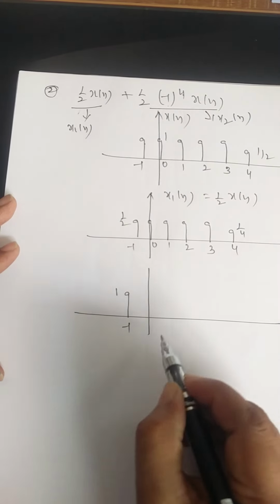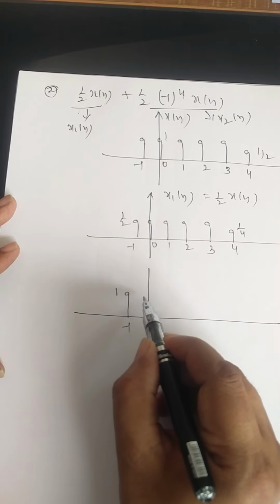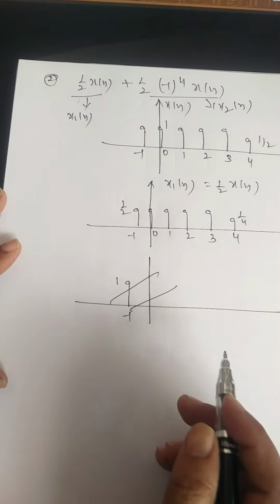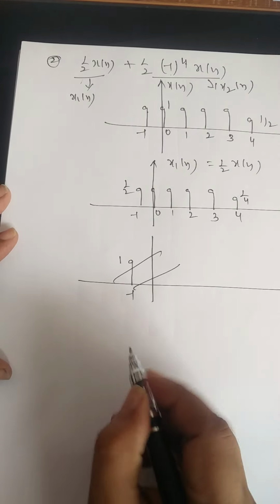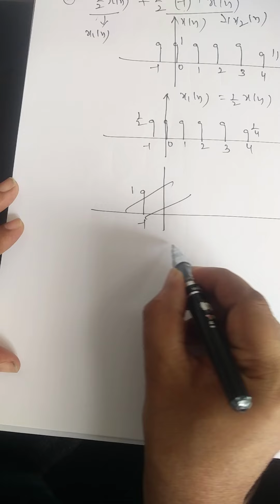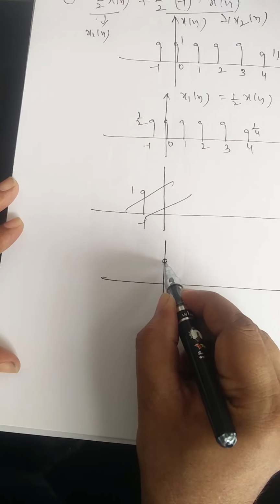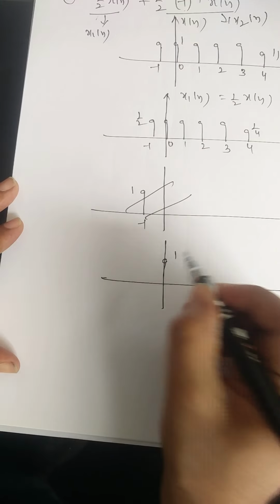When n is 0, its value is the same, you get 1.